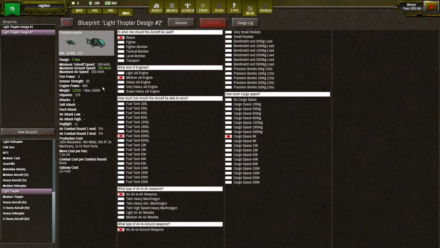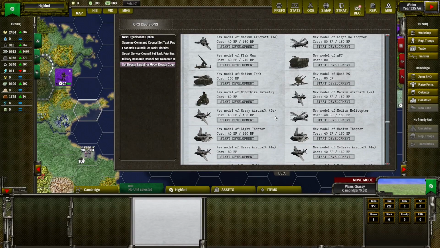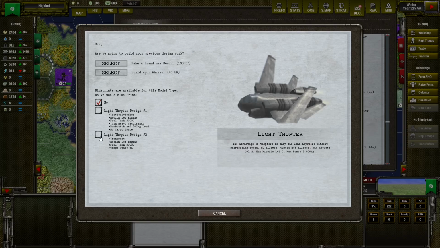So we cannot put very heavy elements on some light frameworks of our aircraft. So in this case, 5,000, so it will be 150 logistical points. So we will probably need 2 topters like that, with 7 hex range and type transport. Let's try. So we need to find the light topter, and this second one is transport with medium jet.